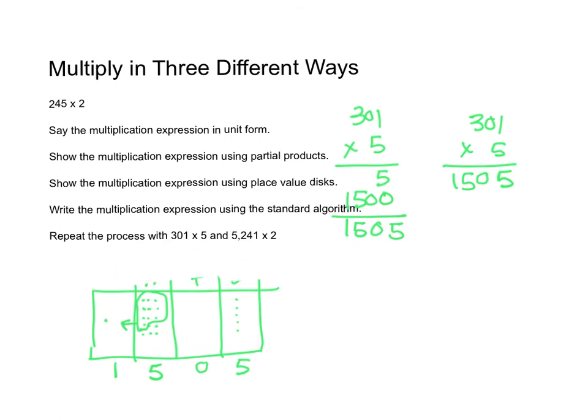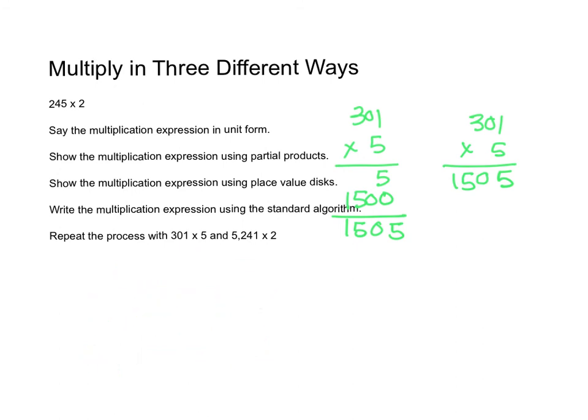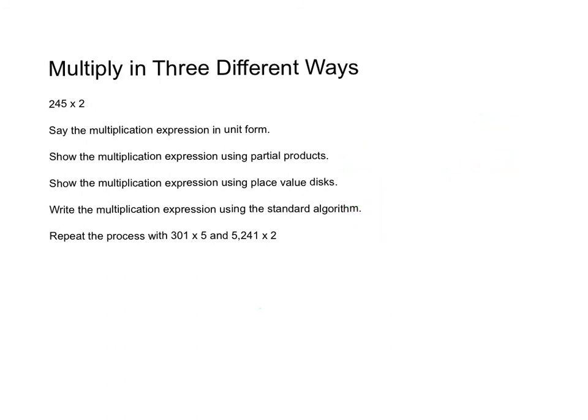And let's get rid of that and then prepare your board because now you're going to do the very last problem that we have there. And that's the one that's right here, 5,241 times 2. So if we were going to say that in unit form, 5 thousands, 2 hundreds, 4 tens, 1 one times 2.